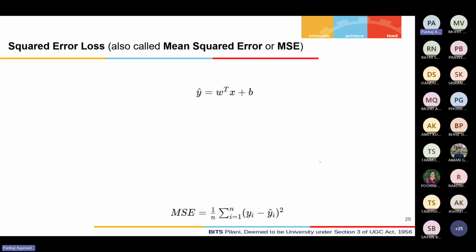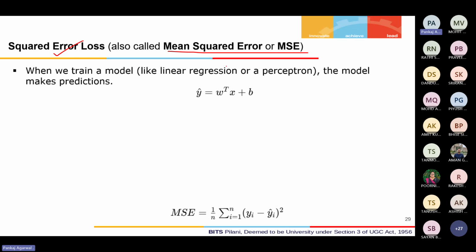Now we will talk a little bit about the squared error loss that we are using in this particular case, obviously in linear regression. I hope you are all aware of this loss function. We normally use it, and we call it MSE. When I'm training a model, it makes predictions.